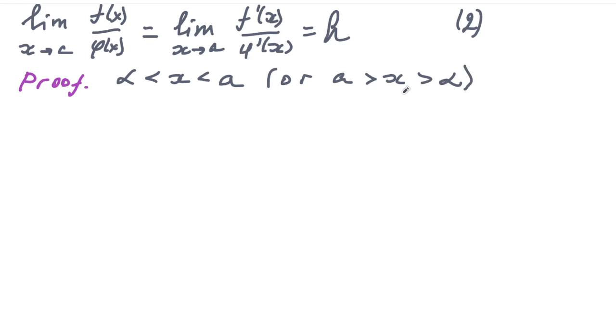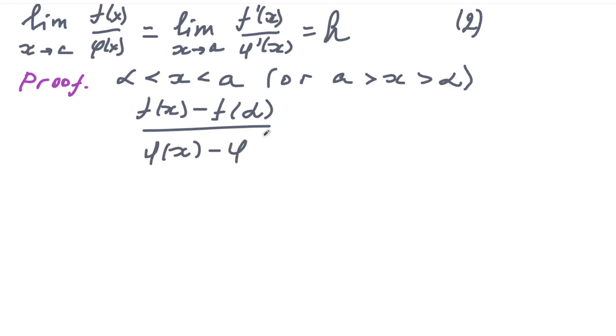By Cauchy's theorem, we have f of x minus f of alpha over phi of x minus phi of alpha equals f prime of c over phi prime of c.